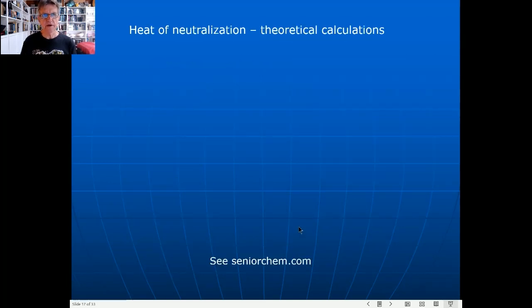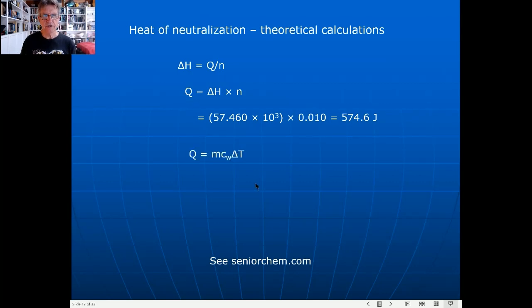Now I did all the theoretical calculations for the whole prac, every mil that was added. You can do it. I won't go through all the details here, but I basically used that same equation and then changed it to delta H times n to work out how much heat was released. So depending on how many moles were released, I could work it out at any particular stage of the titration.